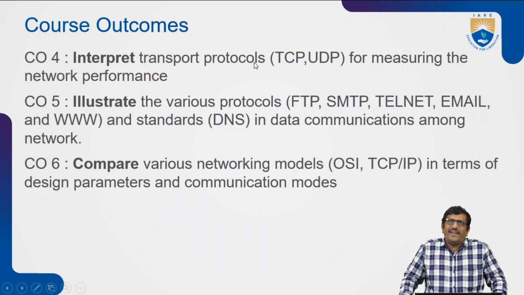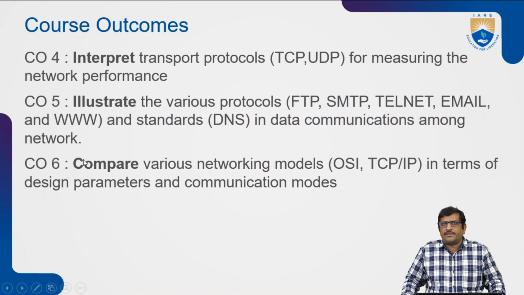CO4: the student will be able to interpret the transport layer protocols, that is TCP and UDP, for measuring network performance. The student will be able to illustrate the various protocols, that is FTP, SMTP, Telnet, email and WWW, and standards like DNS in data communication among the networks.